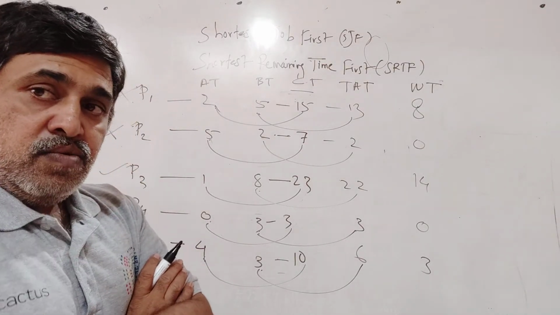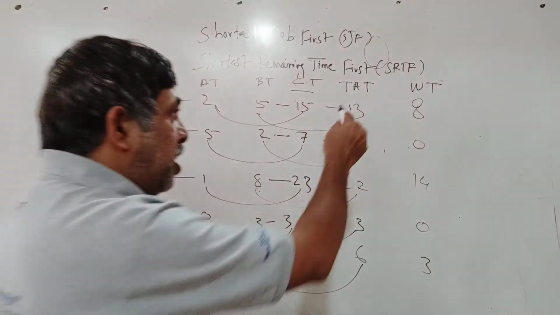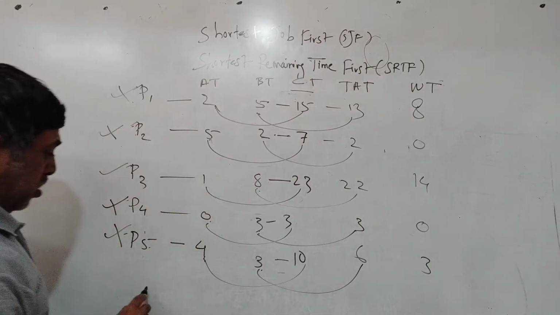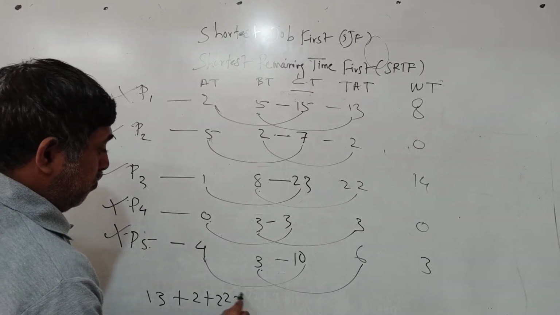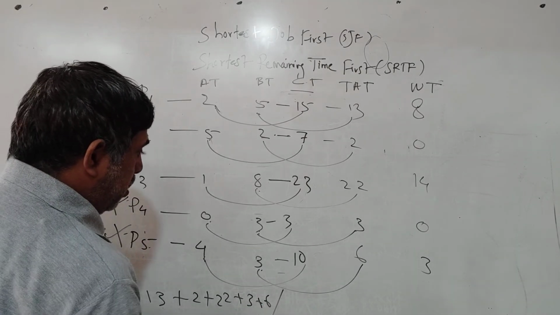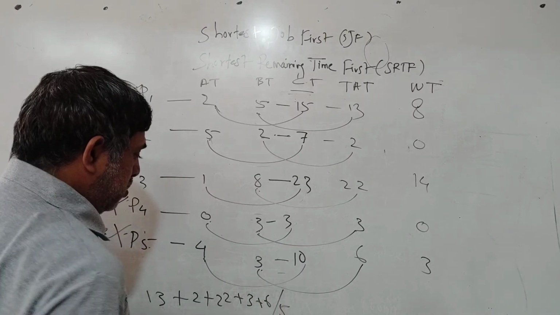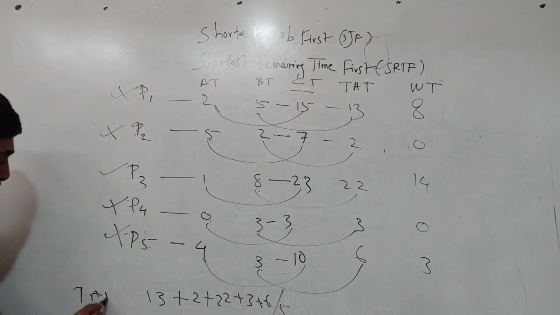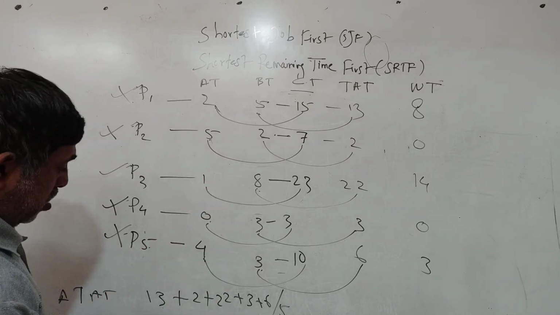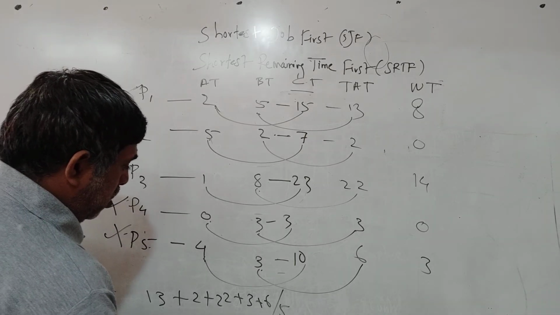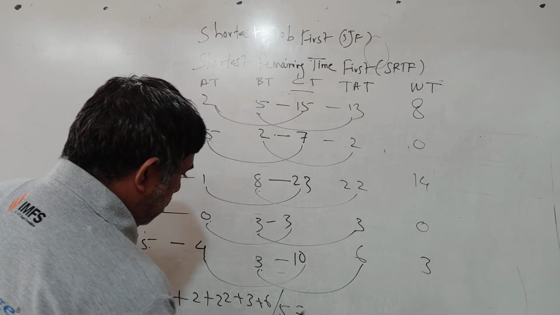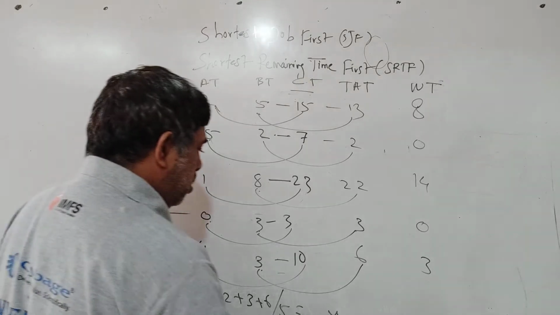Similarly, the final step is to find the average turnaround time. So 13 plus 2 plus 22 plus 3 plus 6 divided by 5 processes. That is the average turnaround time, and now the average waiting time: 8 plus 0 plus 14 plus 0 plus 3 divided by 5, and accordingly we can compute.